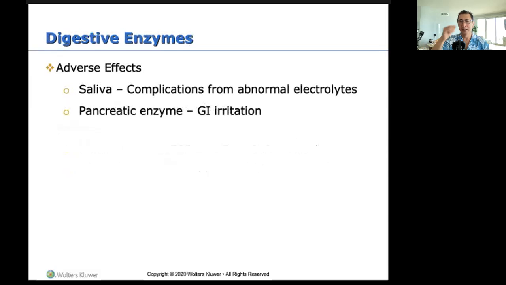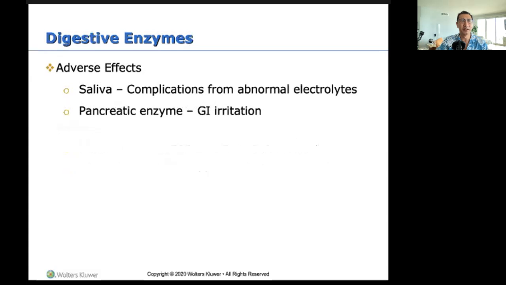Adverse effects for the fake saliva: it's going to mess with my electrolyte levels, especially once I start taking in fluid from the spit, and I just need to watch it. Get my blood drawn daily.